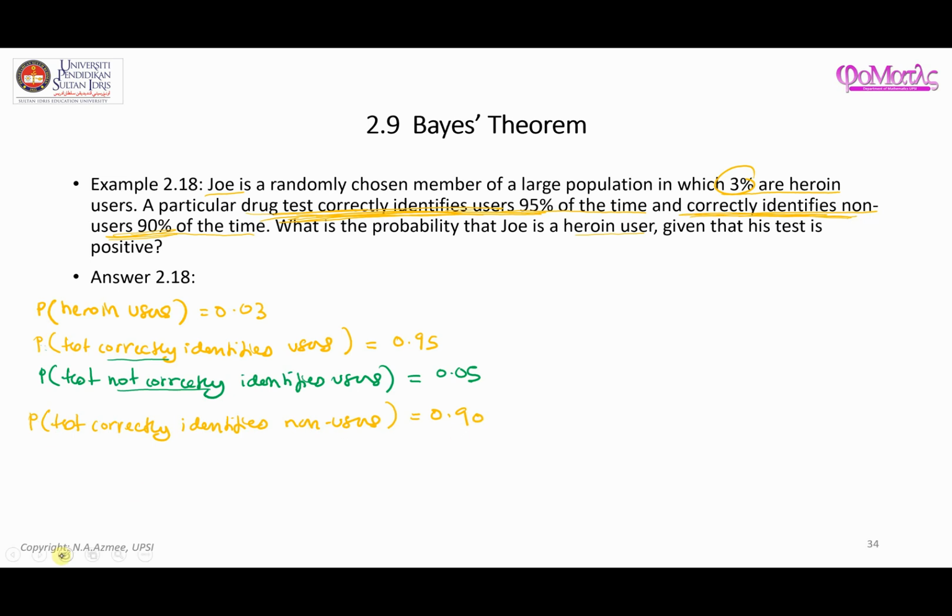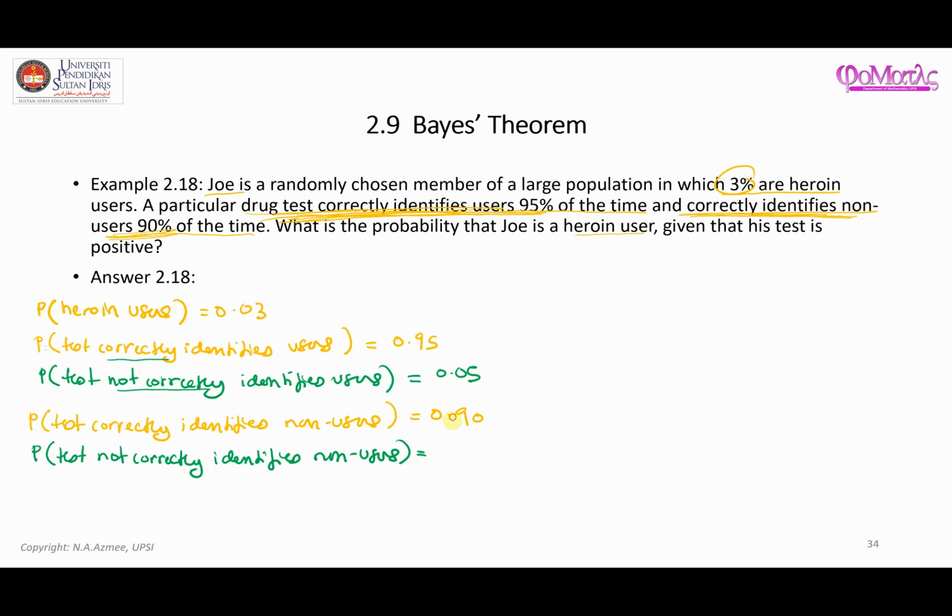Based on this statement, we can derive another probability, which is the probability that the test not correctly identifies non-users.